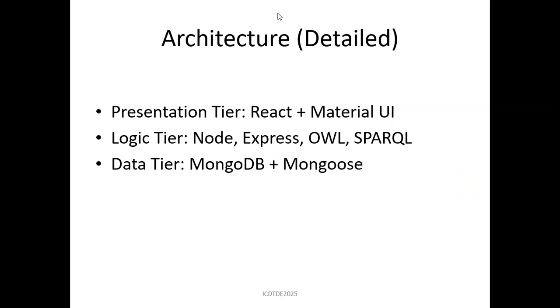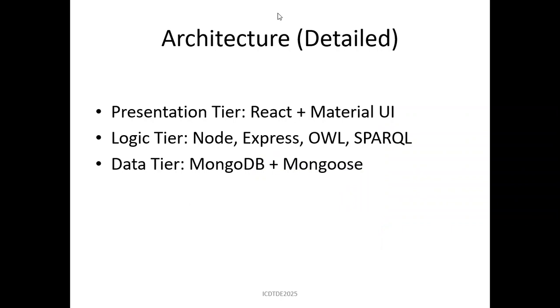Okay, so architecture. The platform is built using a three-tier architecture. The front end is developed with React and Material UI, providing a responsive interface for farmers and experts. The middle layer uses Node and Express along with OWL ontologies and SQL queries.